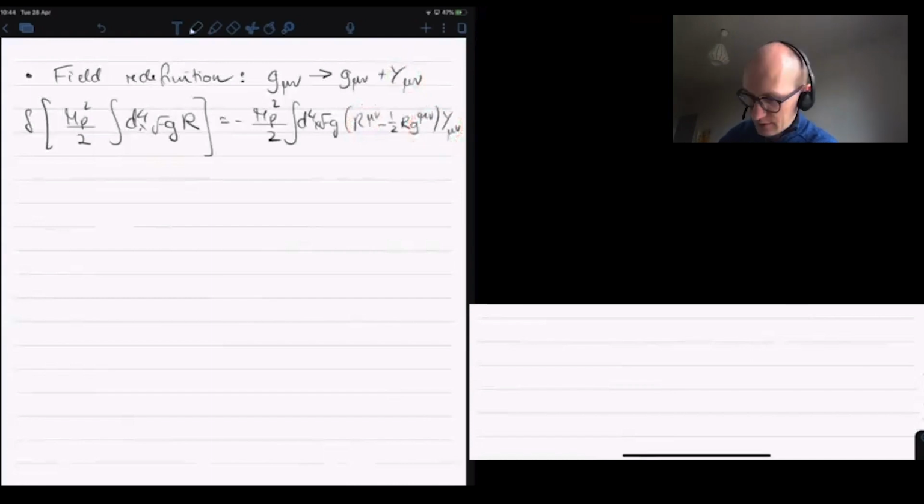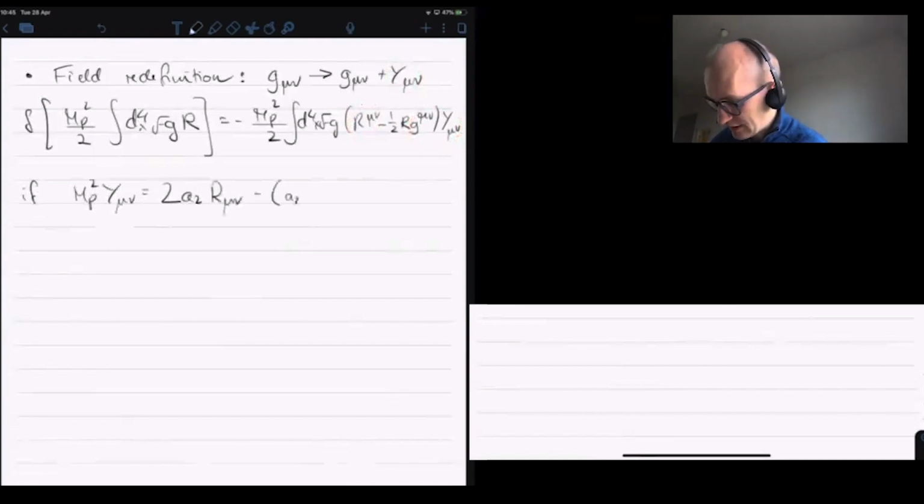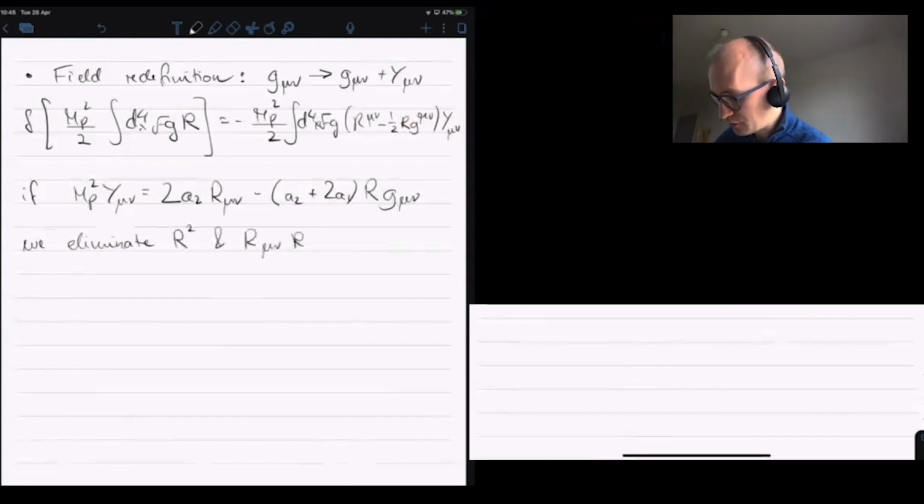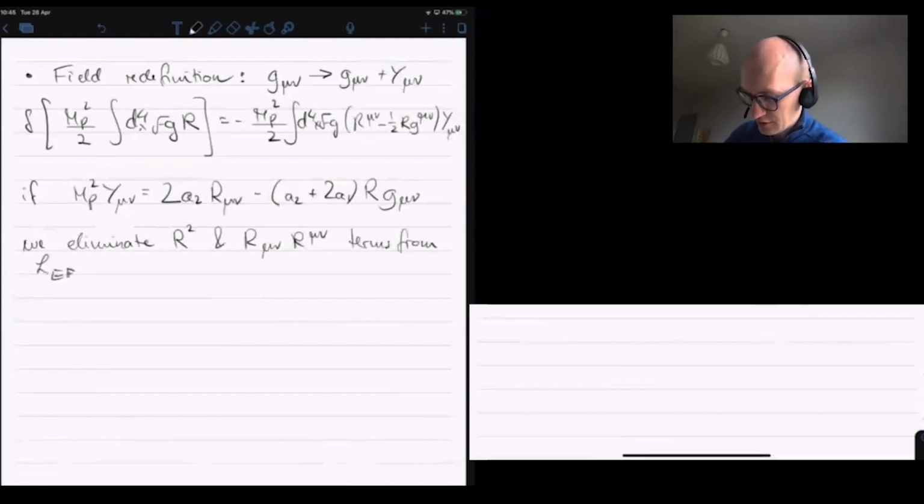So if we choose the following: M Planck squared y mu nu, which is just a convenient way of writing it, is 2 a2 times the Ricci tensor minus (a2 plus 2 a1 R) g mu nu, then we can eliminate R squared and R mu nu terms from the EFT Lagrangian.